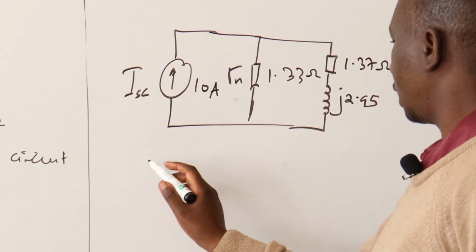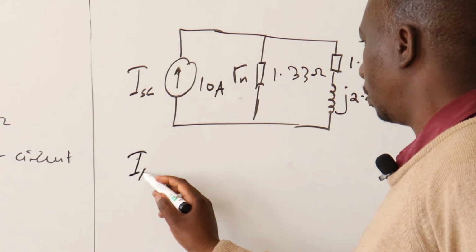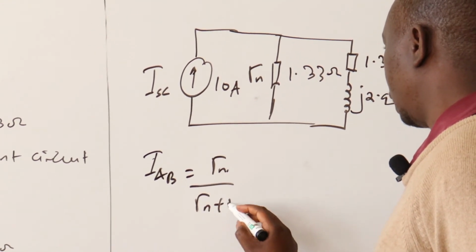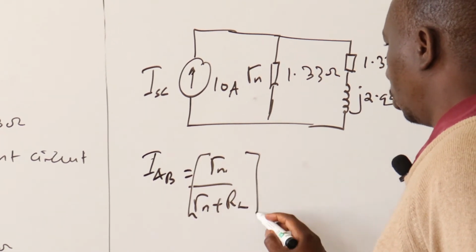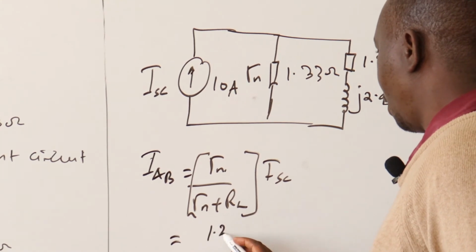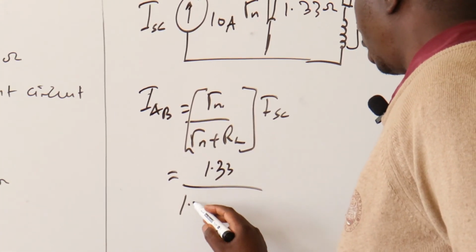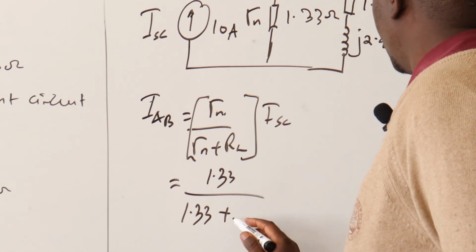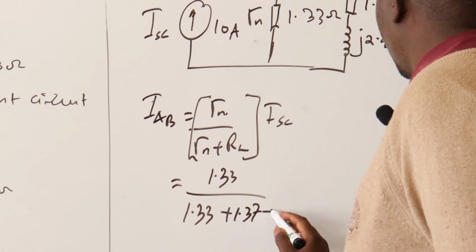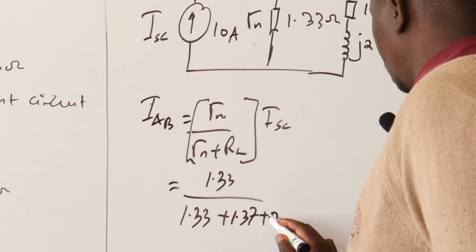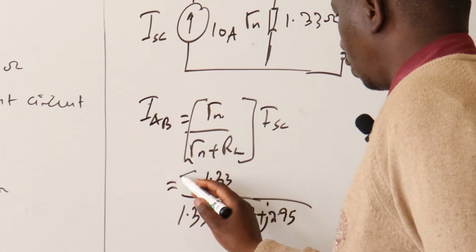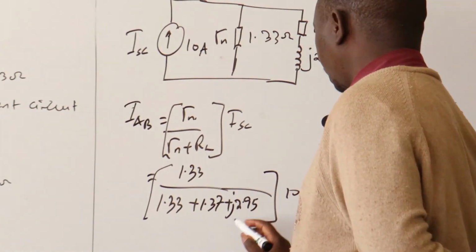Then we shall get the current through the load AB, the current through the line AB is supposed to be R Norton over R Norton plus R of L multiplied by I of SC. And that one becomes 1.33 over 1.33 plus 1.37 plus j2.95, all of this multiplied by 10.